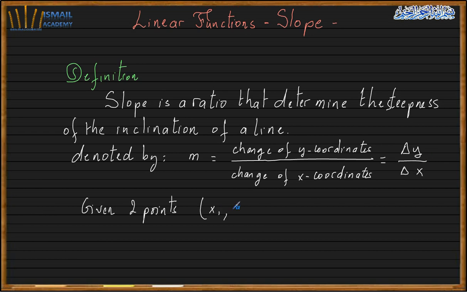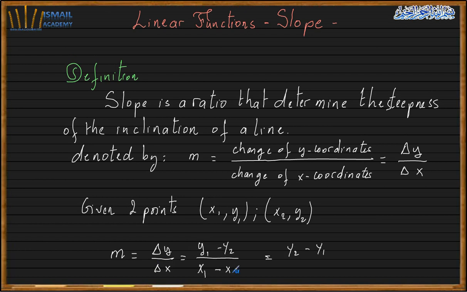So for two points x1, y1 and x2, y2, we say delta y over delta x, which is the change of y, and it can be y2 minus y1 over x2 minus x1, or y1 minus y2 over x1 minus x2.